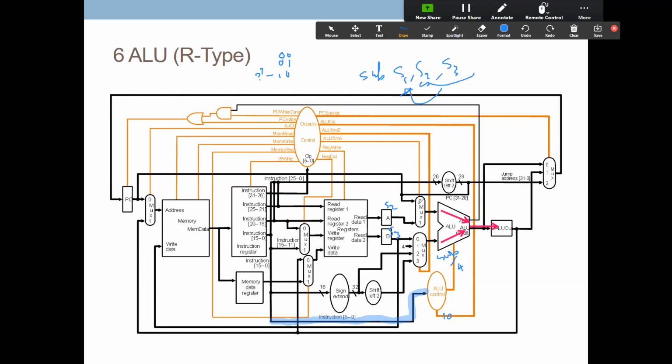Now بهاي الحالة you need to take value من register A so ALU source A لازم تكون 1 ومن هنا you need to take هو رقم B ف ALU source B has to be 0 0.